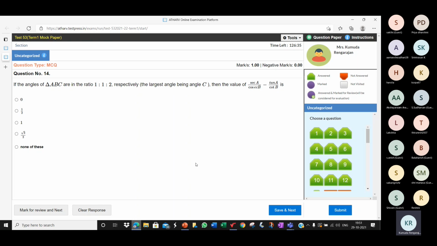So find secant 45 by cosecant 45 minus tan 45 by cot 45. Ma'am, it is secant. Yeah, it's secant 45 degrees by cosecant 45 degrees minus tan 45 degrees by cot 45 degrees. Ma'am, 0, ma'am.